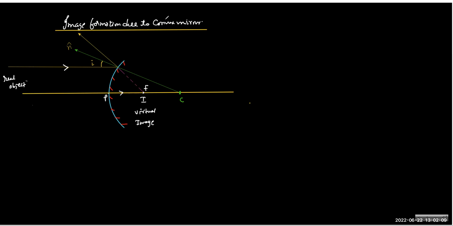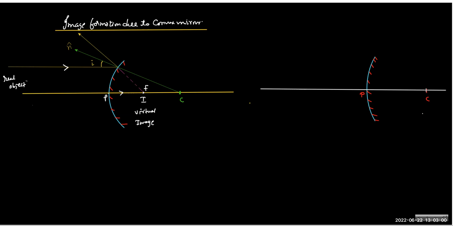So we'll talk about the convention later on when we do the mirror formula derivation. The other scenario is what? We have taken one scenario, let's take the other scenario. So we have a convex mirror, and it's always a good idea to draw the normal before you draw any ray diagram.